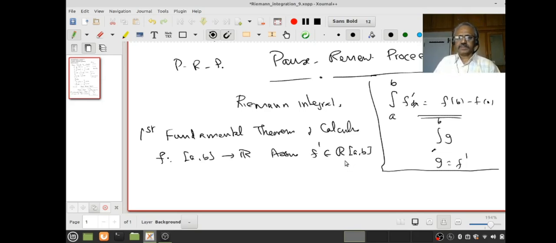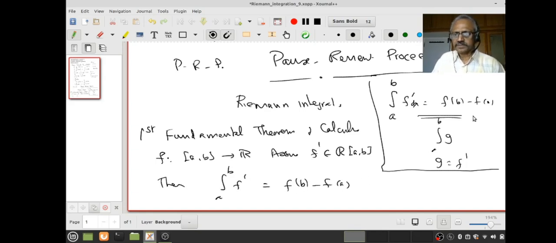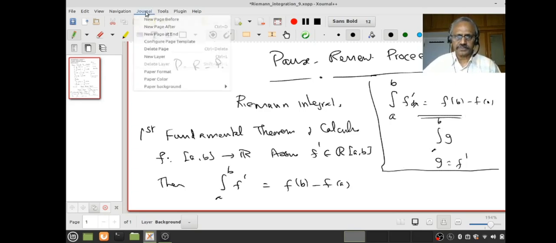What does it mean? It's Riemann integrable where alpha is the identity function, the integrator is the identity function. Then the integral a to b of f dash is f(b) minus f(a). That's it. So we have rigorously established Newton's approach. Now we have to prove this.